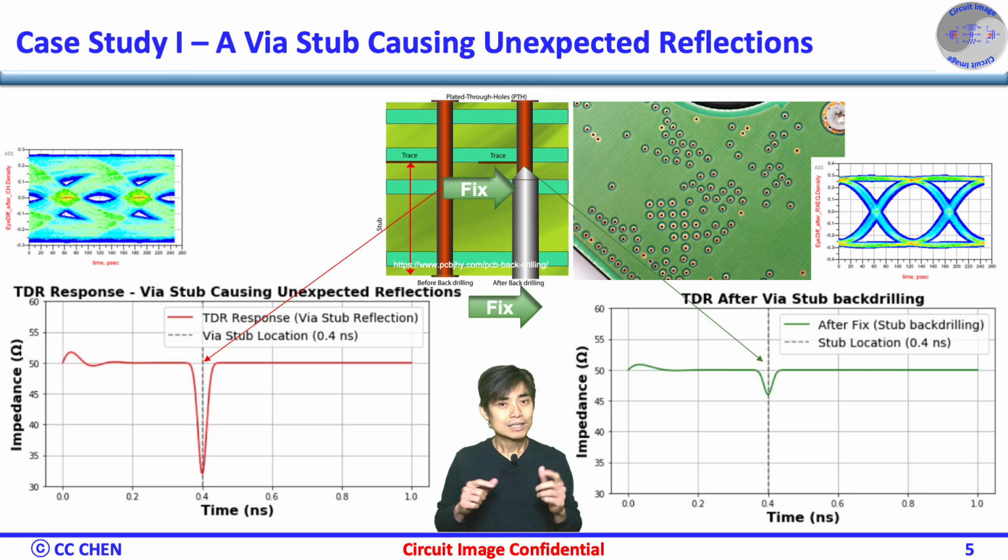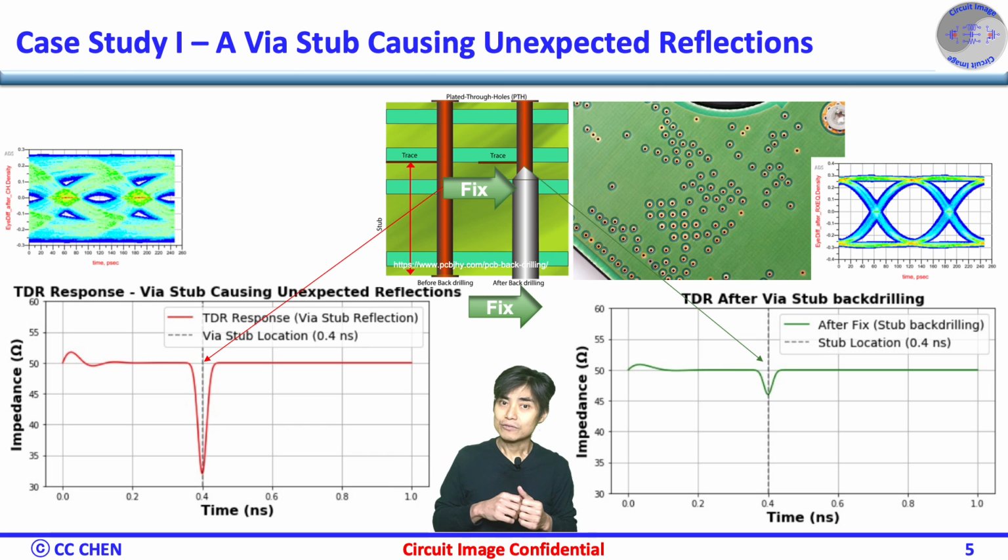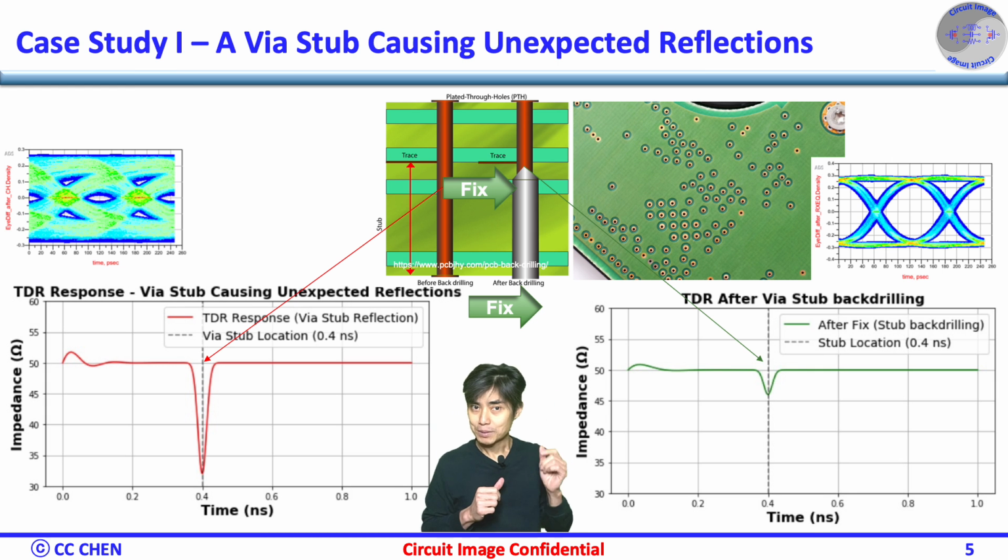location. This stub is acting like a resonator, reflecting energy back at specific frequencies and degrading high-speed signals. By modifying the PCB design, either using backdrilling or optimizing via length, we can eliminate the stub.